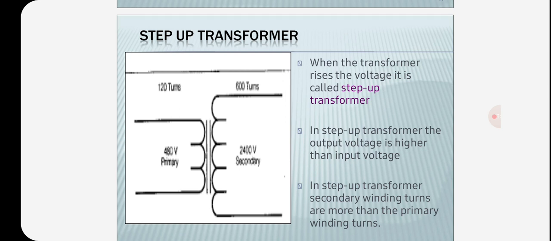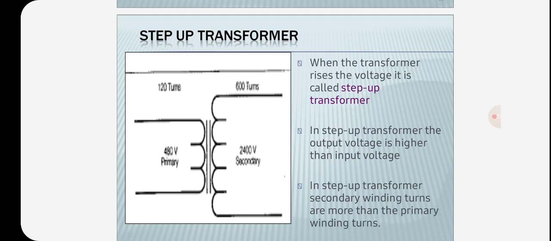Hence, the magnitude of E1 and E2 depends on the number of turns N1 and N2, since the d phi by dt is common for both the windings. By selecting the value of N1 and N2 properly, we can transform the required power from one voltage level to another.